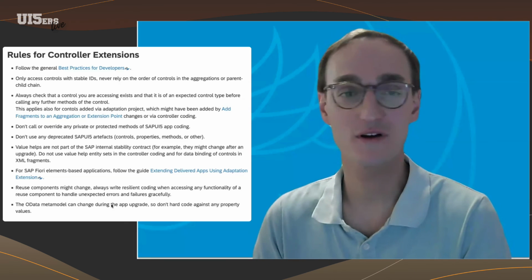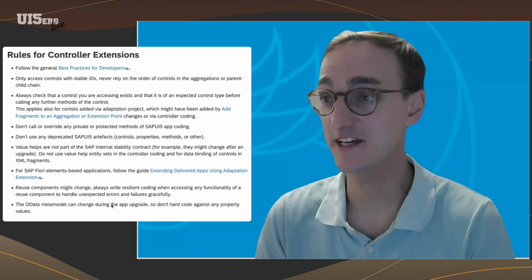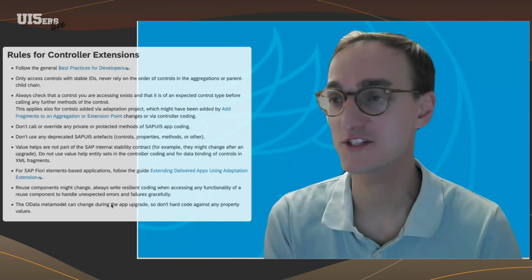This will basically make your life easier once you upgrade to the later version of the application, because adaptation project still brings you this benefit that you build your extensions and you can use them and benefit from further application upgrades, even in S/4HANA Cloud.